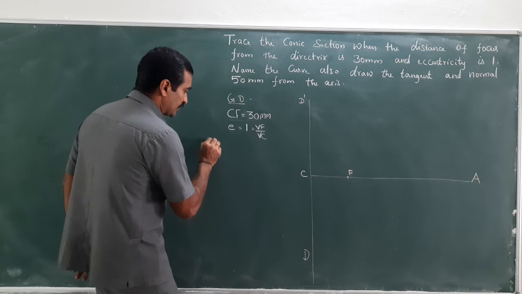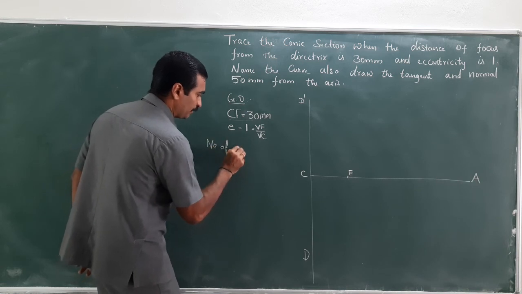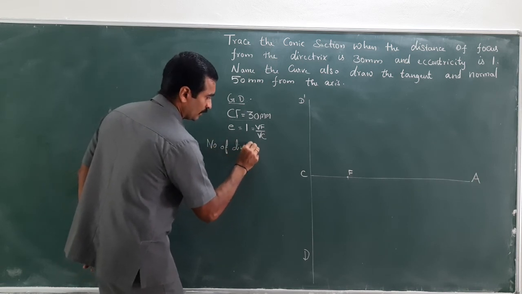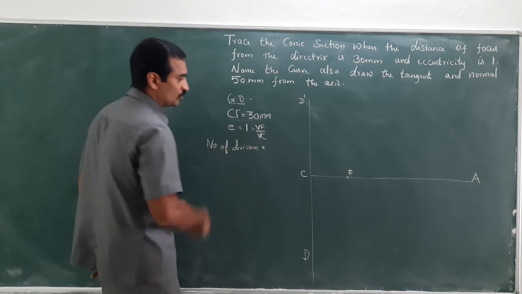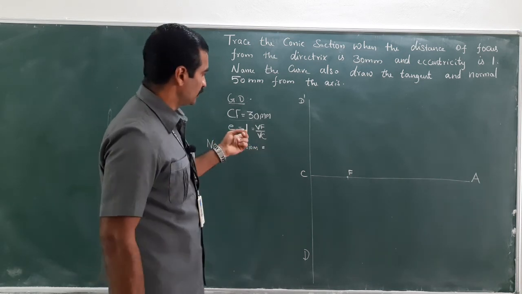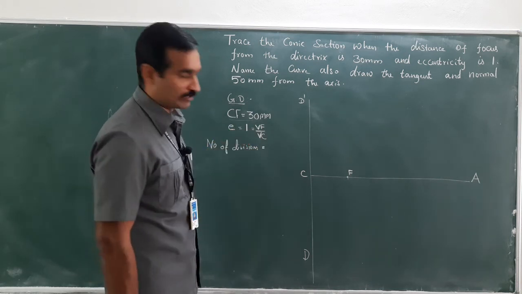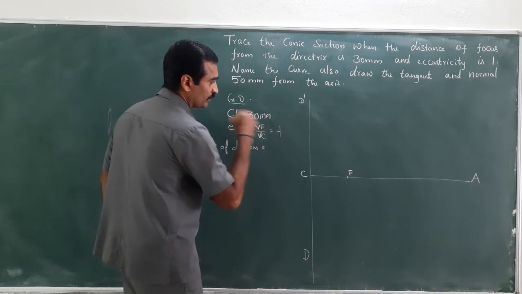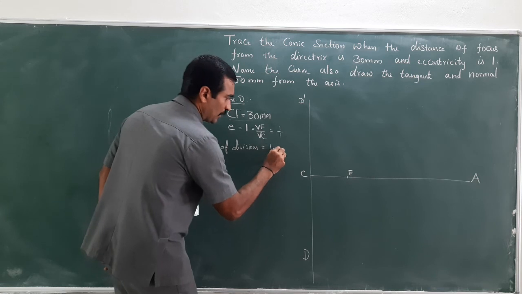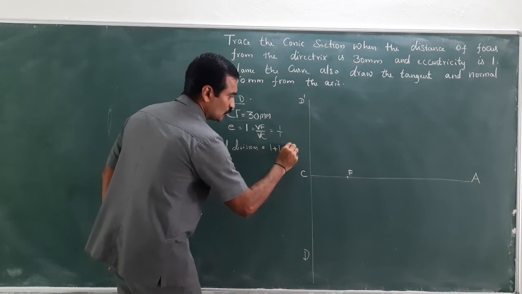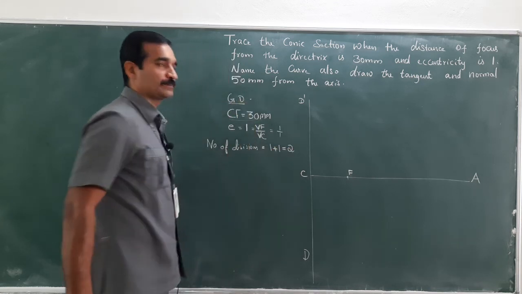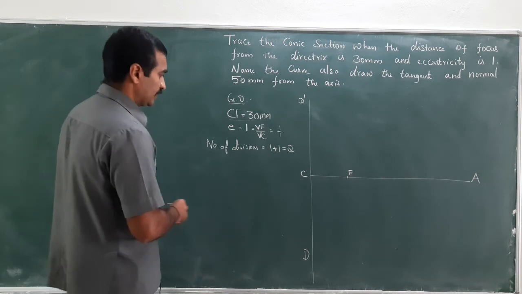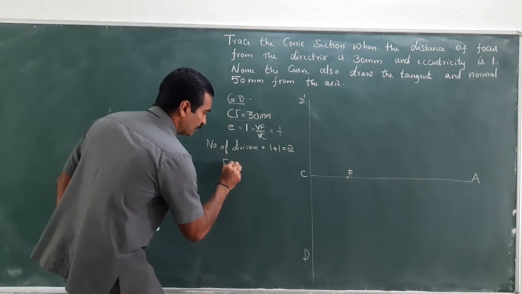The total number of divisions is equal to numerator plus denominator value. Here that is 1 by 1, so 1 plus 1, which is equal to 2 divisions.